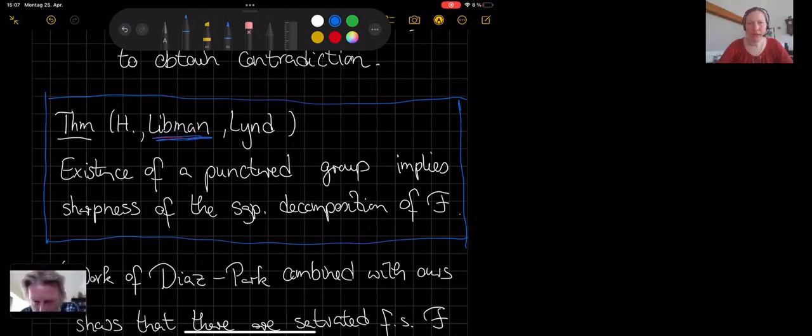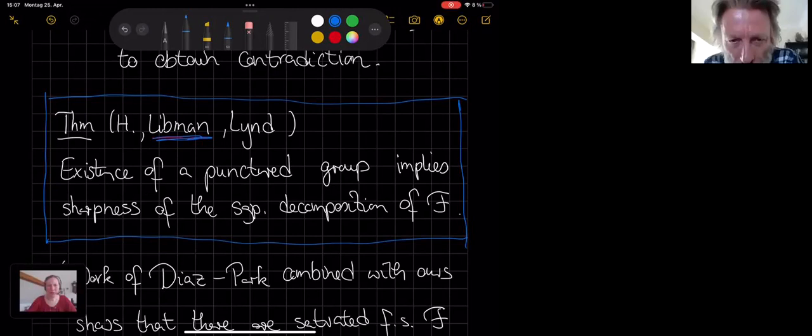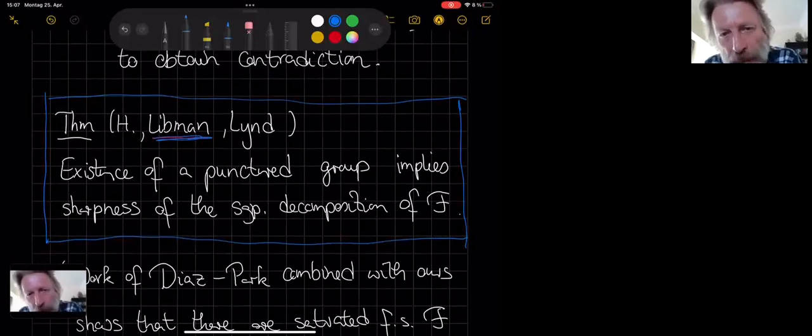But I think then it's even realized by a finite group, right? Right, but suppose you have a punctured group where all the automorphism groups are p-groups, then can you say that the fusion system is nilpotent?